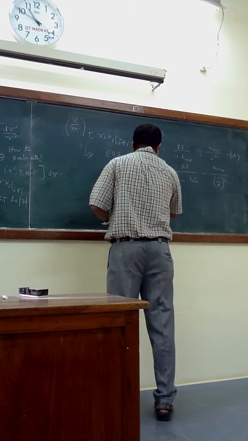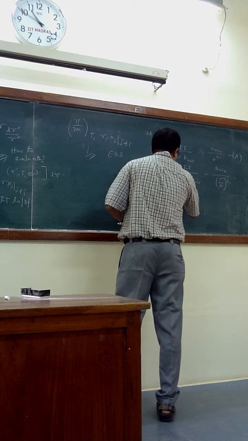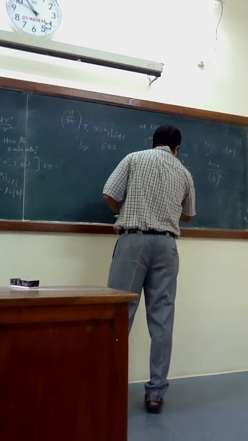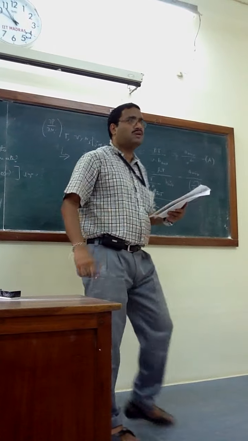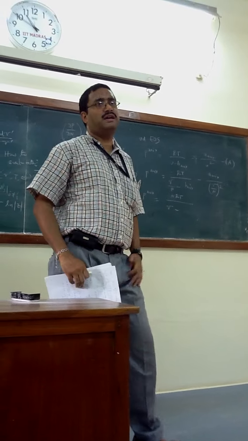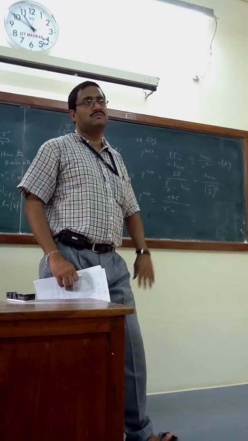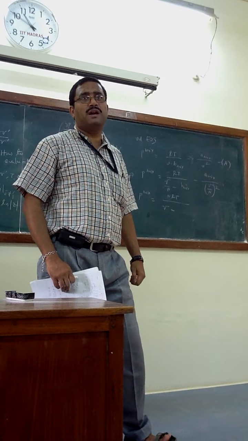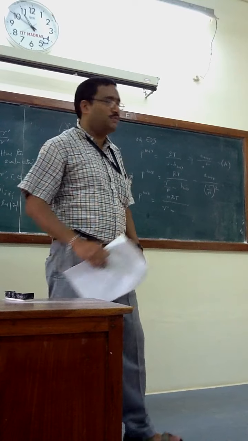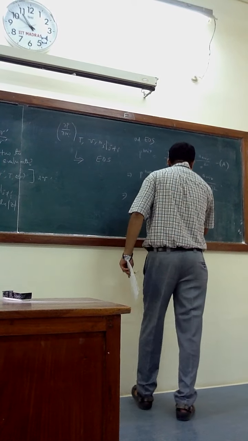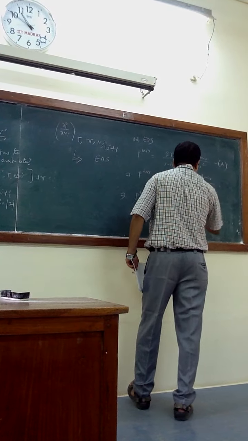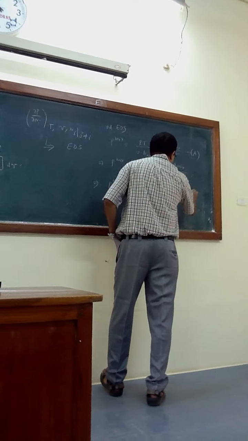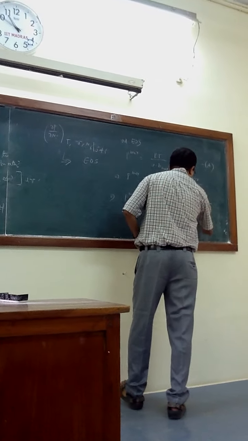To simplify, you can write this as nRT by capital V minus N b mix, minus a mix N square by capital V square.